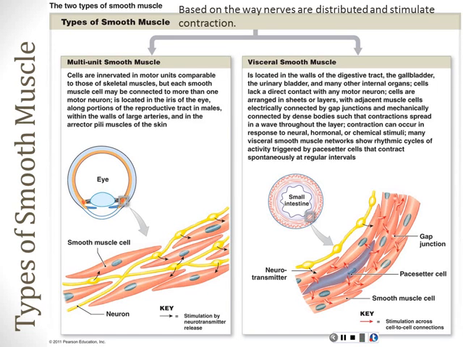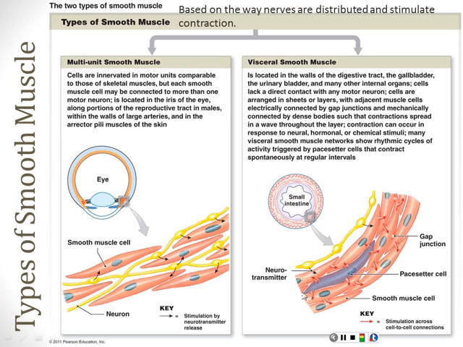And because of that, a signal that arrives at one cell is passed to the other cells. And typically, in this visceral smooth muscle, a few of the smooth muscle cells will contract automatically from time to time, like the pacemaker in the heart does.